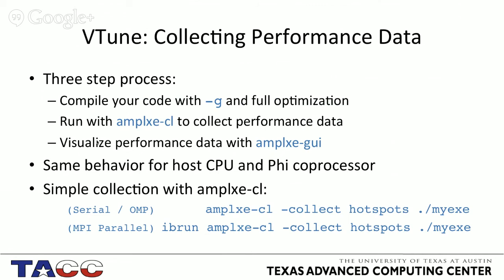And it has the same behavior in the host and the Xeon Phi coprocessor. The only difference is the type of analysis that's going to be available to you in either of those. So to collect, for example, very quickly, what are the hotspots in your code? And this is essentially just going to run timings through your code. You just do amplxe-cl -collect hotspots executable, and that will take care of the collection.